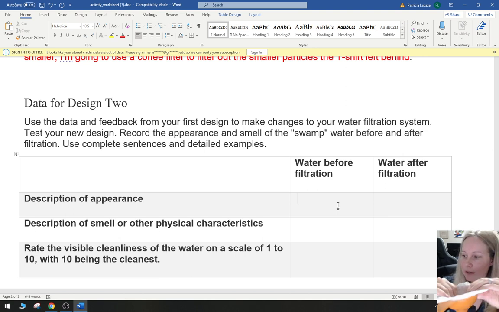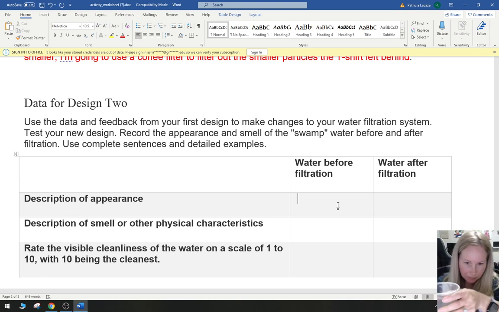Okay, and I'm going to put that on top like this. Put that on here. And hopefully it should filter many more particles than the first time. I already pre-mixed this, so it doesn't look as bad as the other one. It's bad, but it's not as bad, I think. It's a little bit clearer.